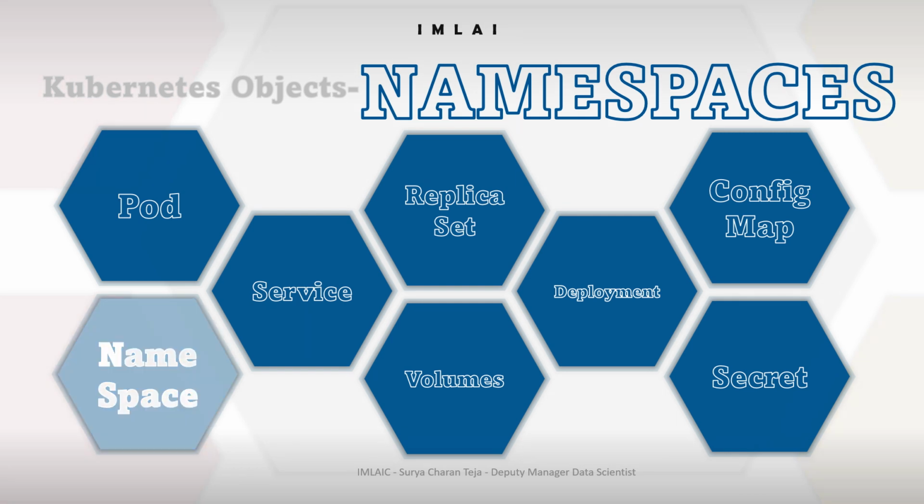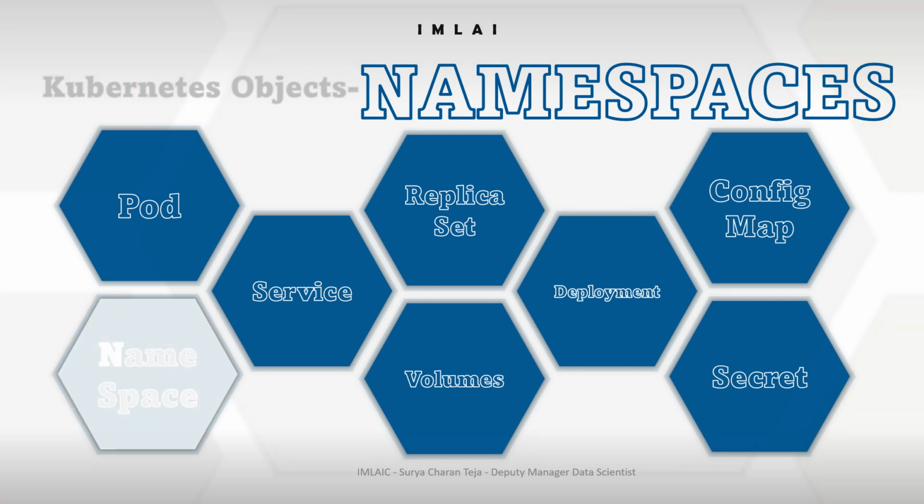Namespaces are intended for use in environments with many users spread across multiple teams or projects. For clusters with a few to tens of users, you need not create or think about namespaces at all. Start using namespaces when you need the features they provide.